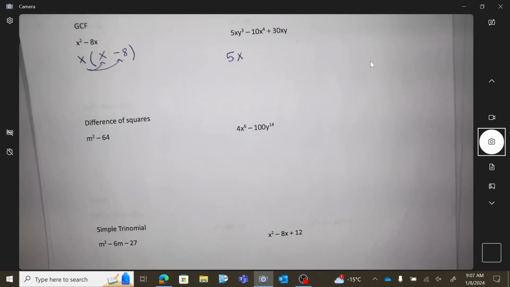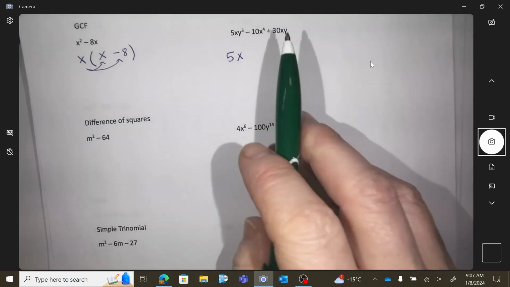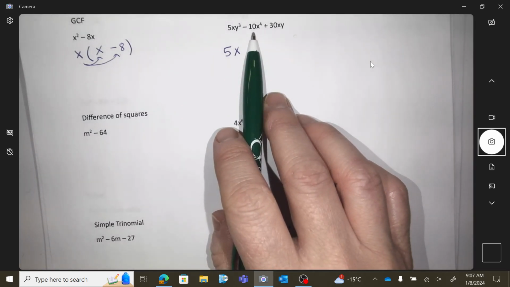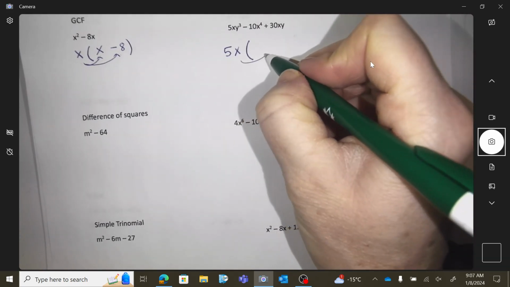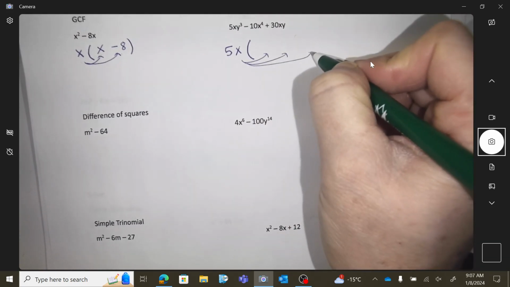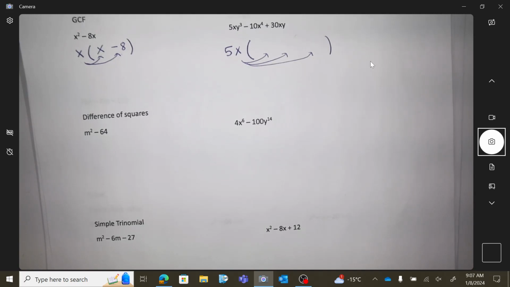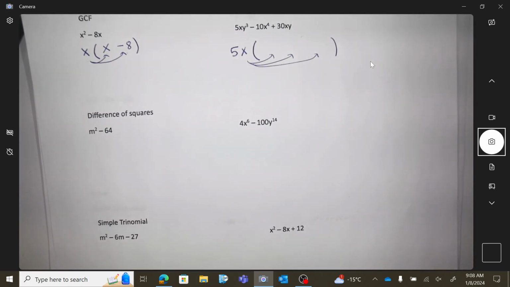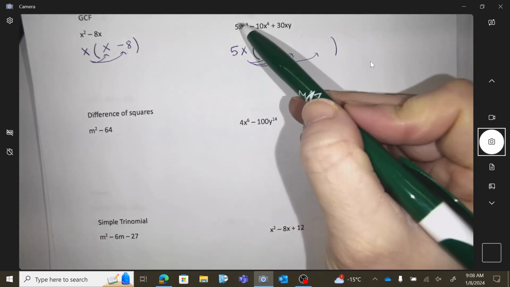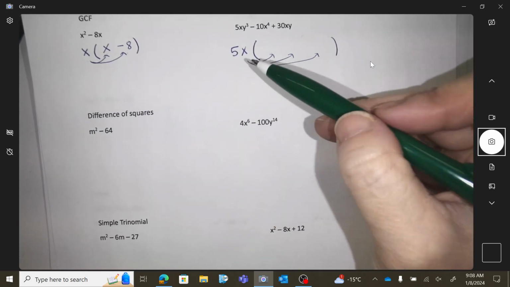And then that's it, right? You can't do a y because this one doesn't have any y's, so then you're done. So bracket, I'm going to do 3 things going on in there because there was 3 terms. Okay, and do the process. 5x times what gets you that? 5x times what?